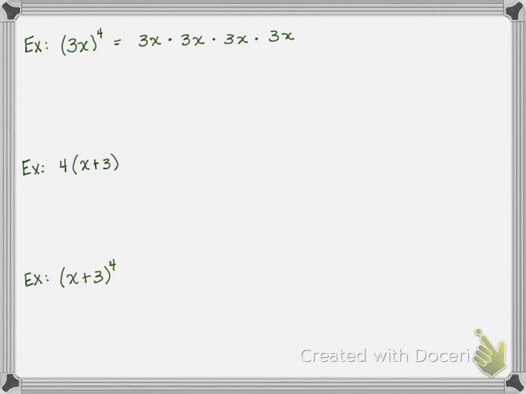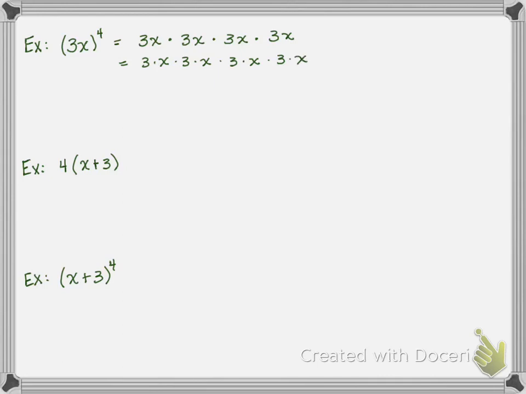How many of those operations do you see on the right side? Just 1, right? It's all multiplication. We've written it a little differently in different spots, but really this is just 3 times x times 3 times x times 3 times x times 3 times x.